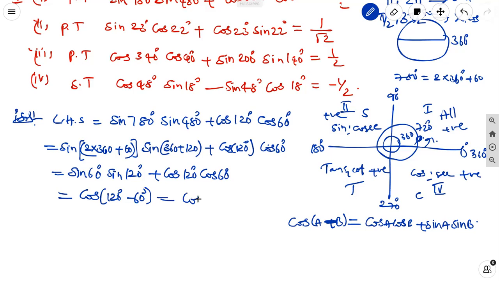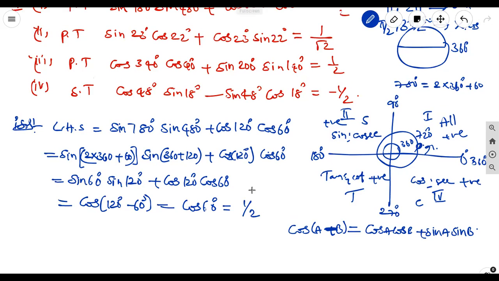It is equal to cos 60 degrees. Cos 60 degrees value is 1 by 2. So this is 1 by 2.